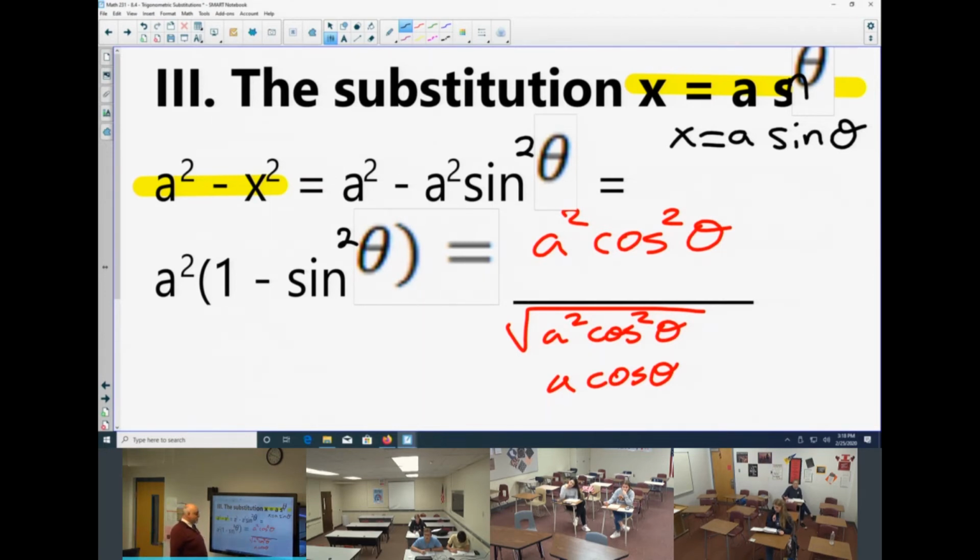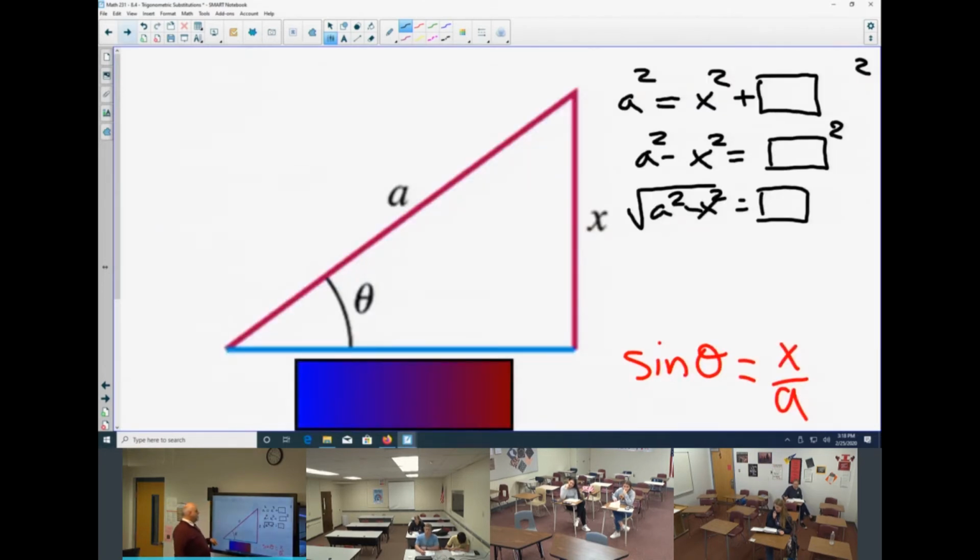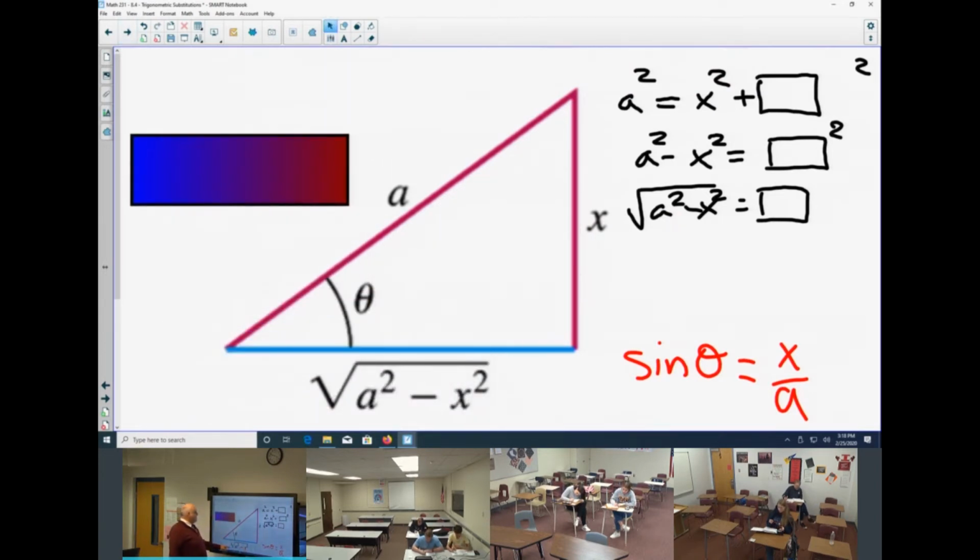Okay, so let's go through an example of this one. All right, so when you have a squared minus x squared, okay, you put it down here and draw this triangle. So go ahead and draw this triangle next to the notes or something.